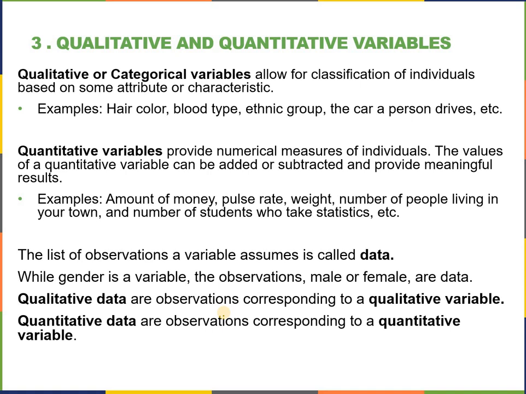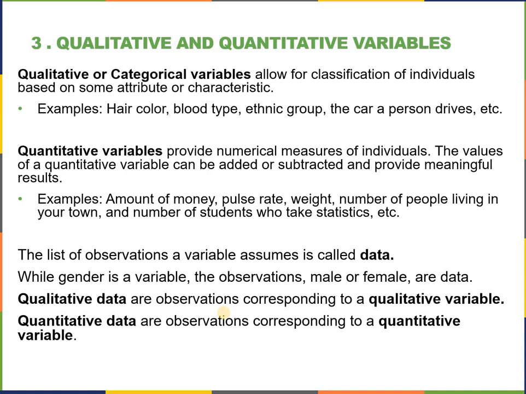Qualitative or categorical variables allow for classifications of individuals based on some attributes or characteristics. For example, hair color is a qualitative variable. Blood type is a qualitative variable. Ethnic group is a qualitative variable. The car the person drives is a qualitative variable, and so on.